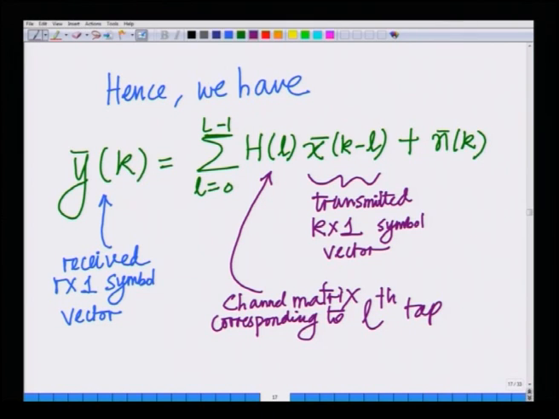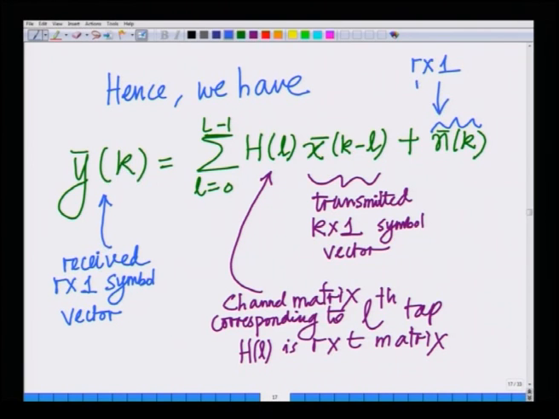In fact, H l is an R cross T matrix, and n bar k is the R cross 1 received noise vector. This is the MIMO frequency selective channel.